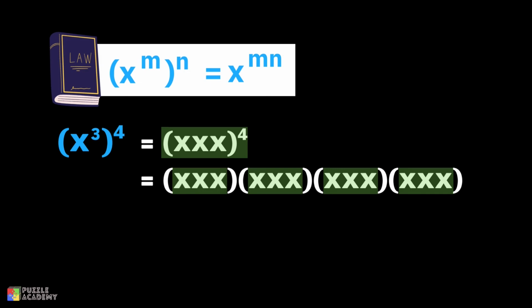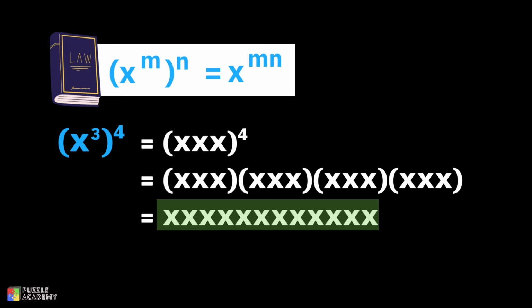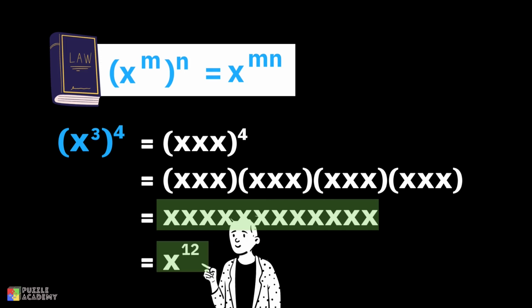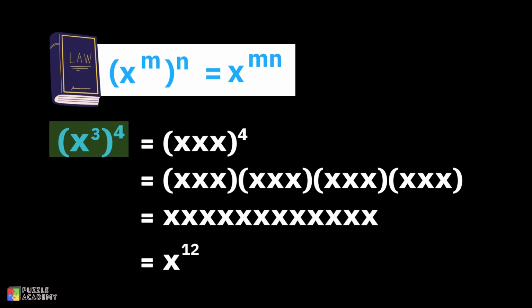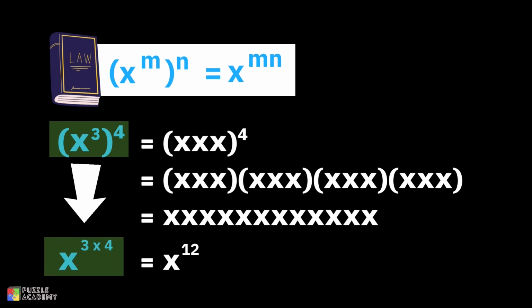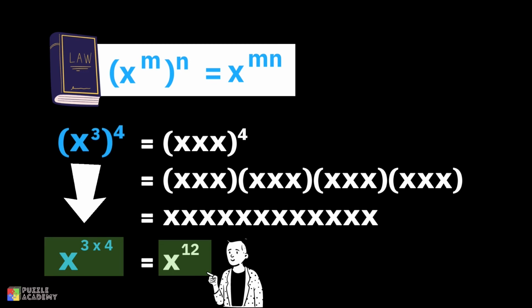So we multiply x times x times x by itself 4 times. If we combine them and count the number of x's here, then we have x raised to 12. So x raised to 3 raised to 4 is equal to x to the power of 3 times 4, which gives us x raised to 12.